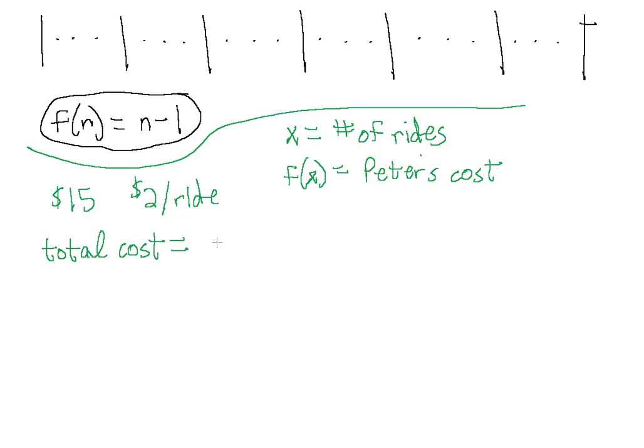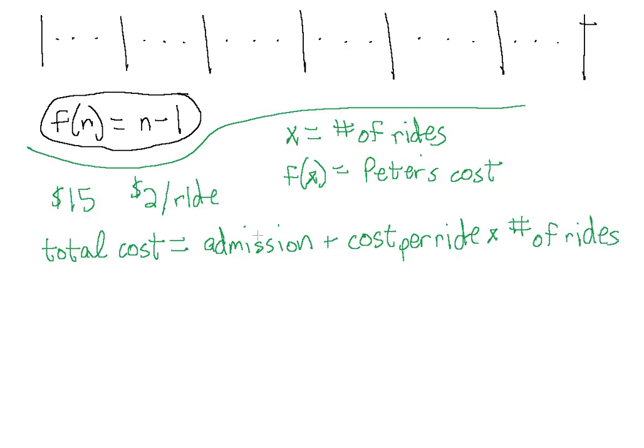Our total cost is going to be equal to the admission of getting in plus the cost per ride times the number of rides. So in layman's terms, this is what our function looks like. So we can go ahead and fill this in.